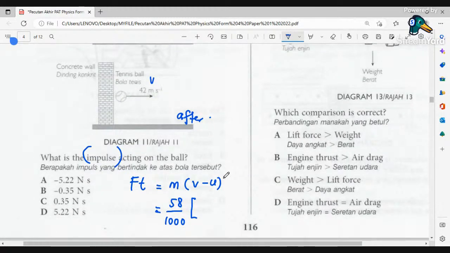Okay, impulse on the ball actually is the reaction force. So V equals to 42 minus negative 48.